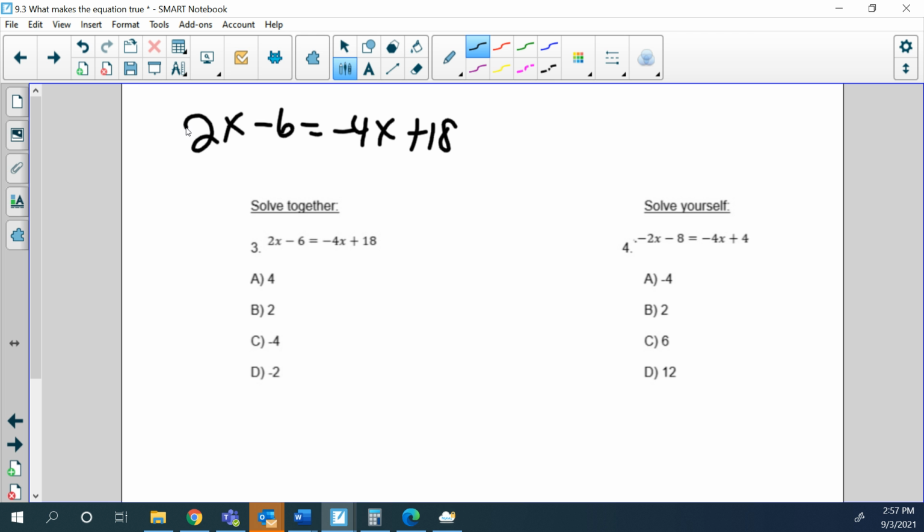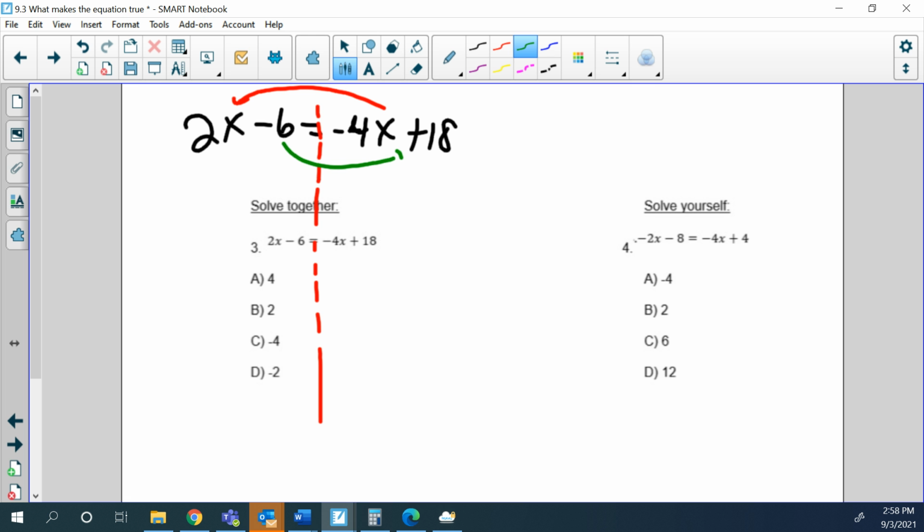Make sure this is a negative 4 right there. Again, I'm going to draw my railroad track just to keep everything separate. Now, look at it. My variables are on the left side. So I'm going to cancel negative 4x, because it needs to be on the left side. And the negative 6, I'm going to cancel because it needs to be on the right side.